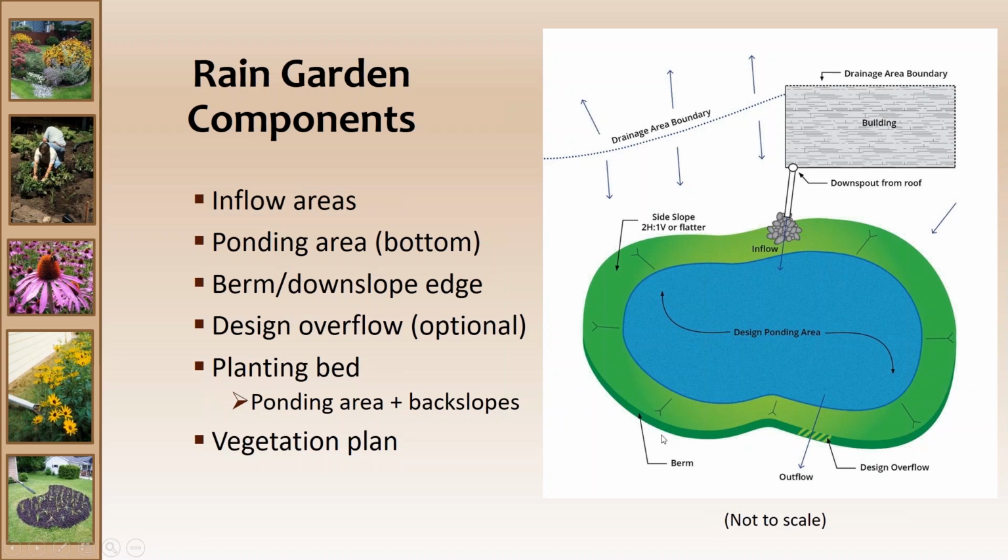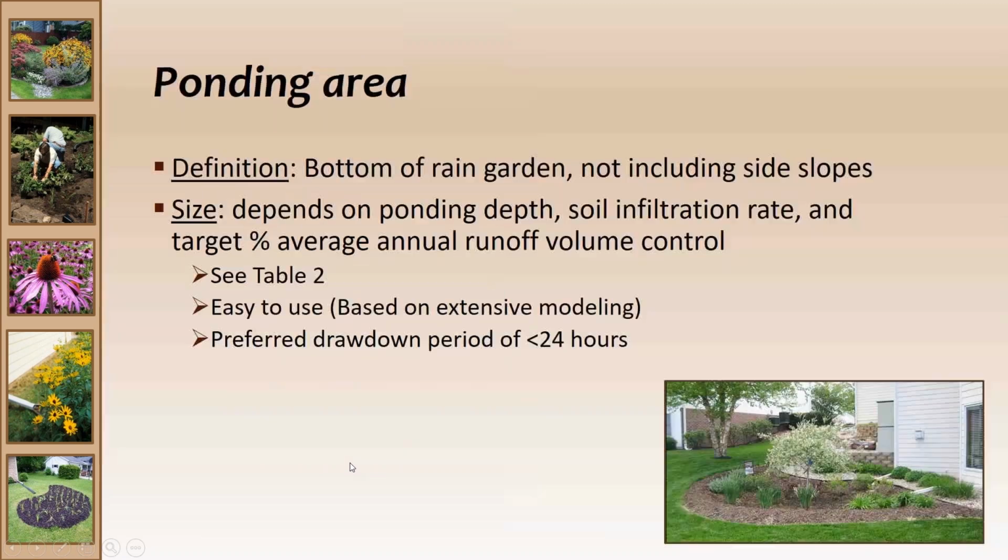That's on the low edge of the rain garden. We talk about a design overflow, and it's optional, but we point out in the standard when you should use it. The planting bed itself includes the ponding area and the back slopes, and we have a very detailed section about what to do with that and the vegetation planning involved.